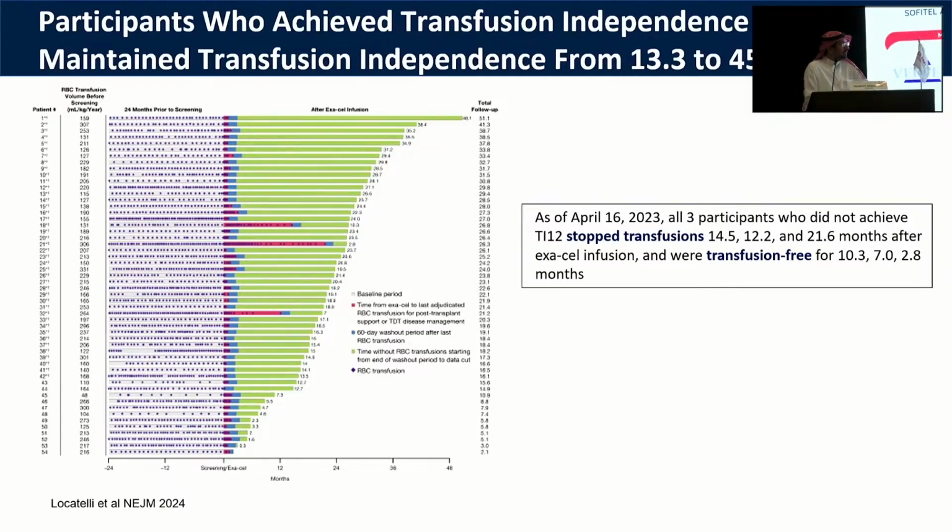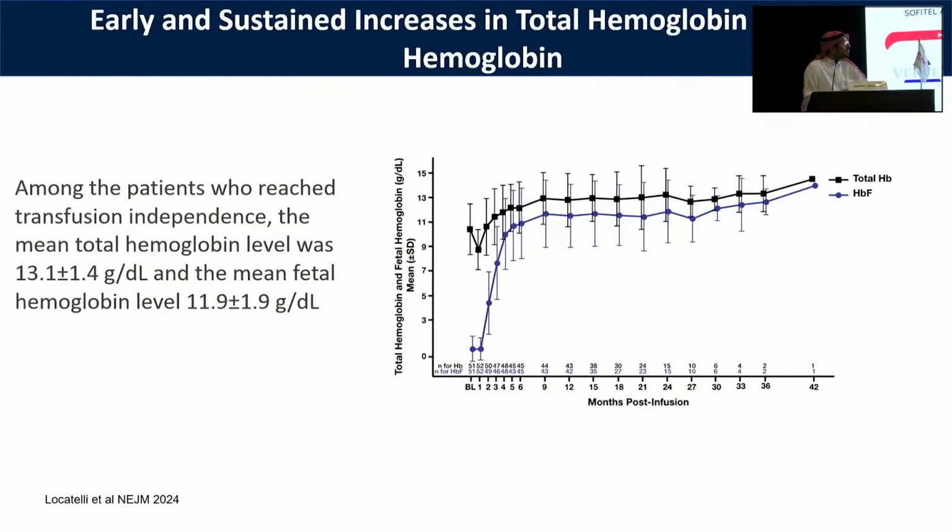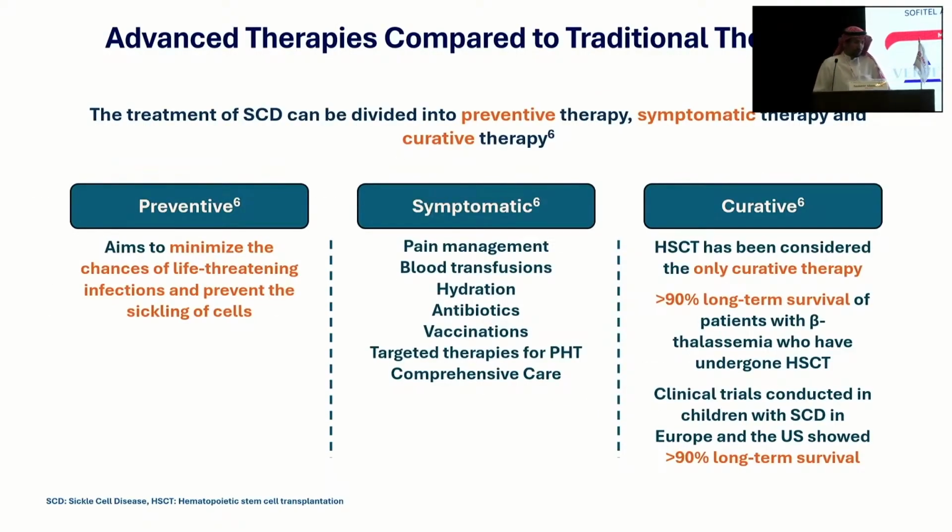So at the end, even with a late response, they did well to be transfusion independent. This also shows the persistence of hemoglobin F after XSL infusion in patients with transfusion-dependent thalassemia. So now I have given you the data about the outcome from doing XSL.